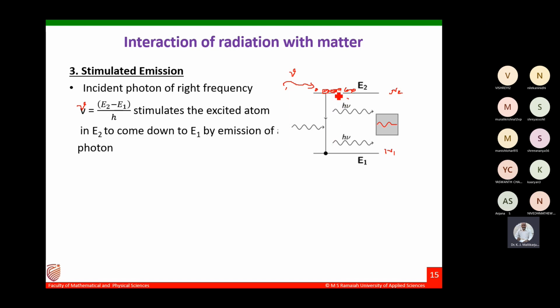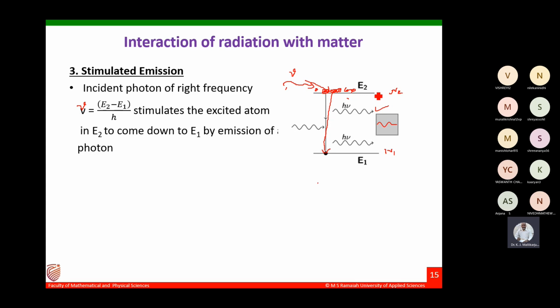Whenever this atom comes back, it not only is stimulated, it also absorbs this energy and comes down. Then whenever it comes down from the higher energy level to the lower energy level, whatever energy it absorbs has to be emitted. What is the problem with this? It has to emit that radiation.